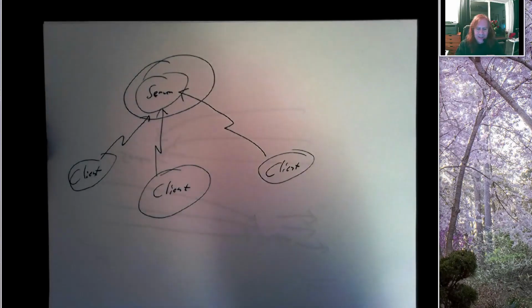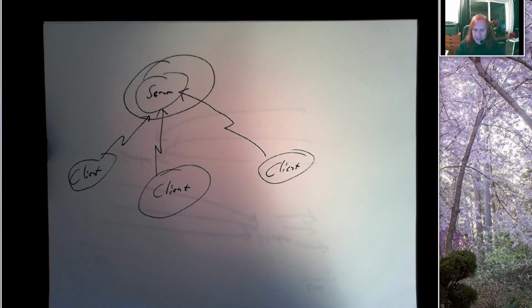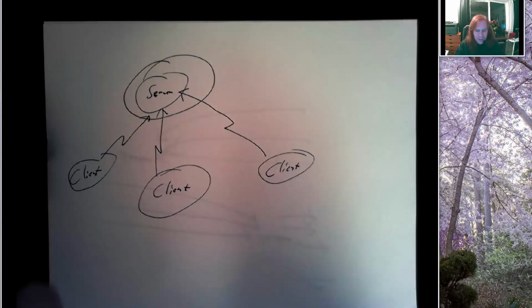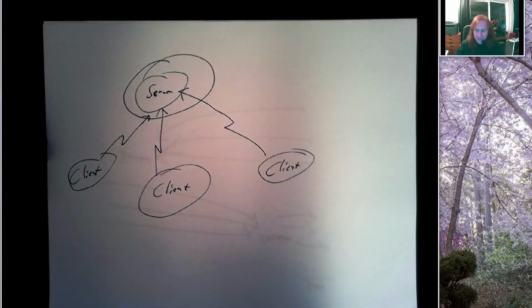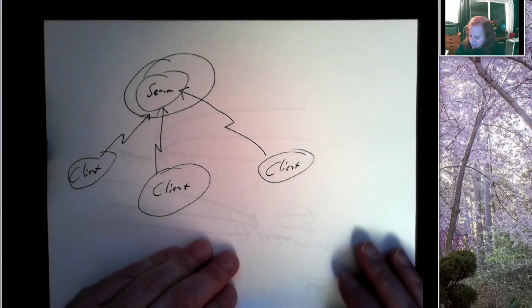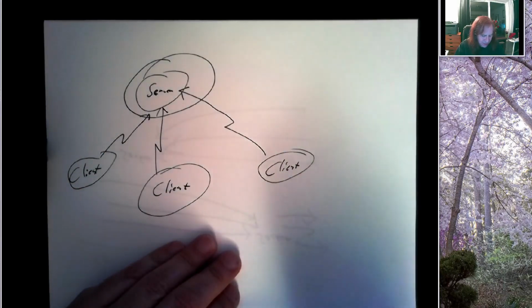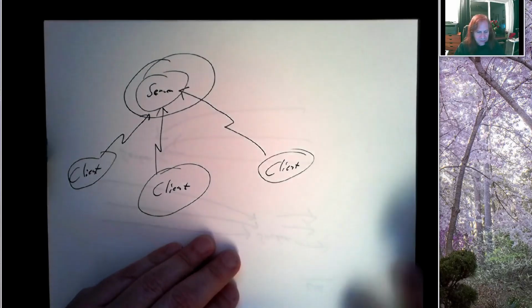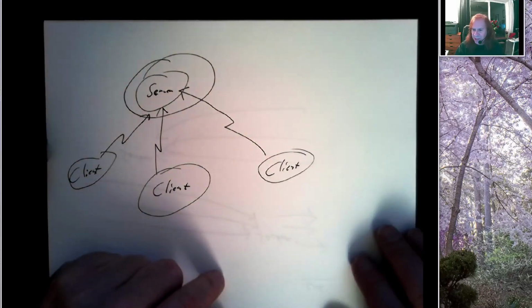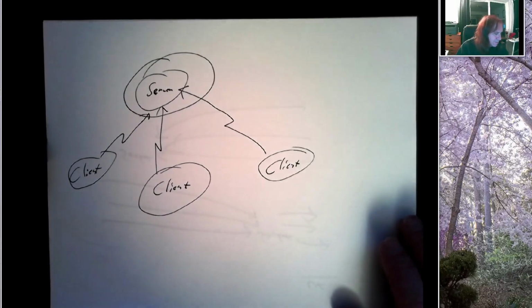Then I want to look at complications around that: why, if we just do this by opening up a scanner and a print writer, it's not quite the ideal communication system. So we're going to talk about asynchronous communication, and then I just want to touch on an aspect of how we can have multiple clients talking to a server. We're going to go through those topics, and that will pretty much do us for looking at the client side of things.